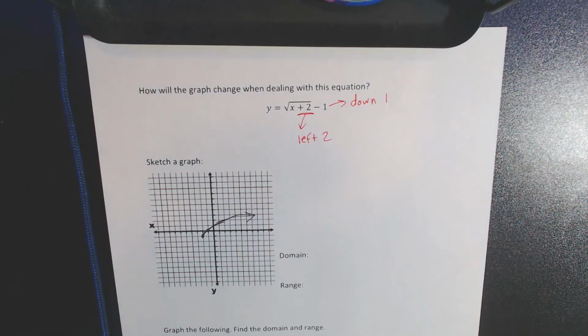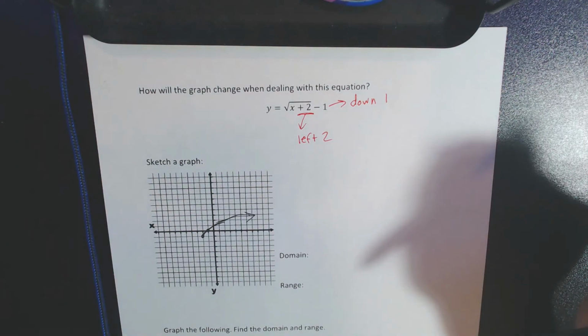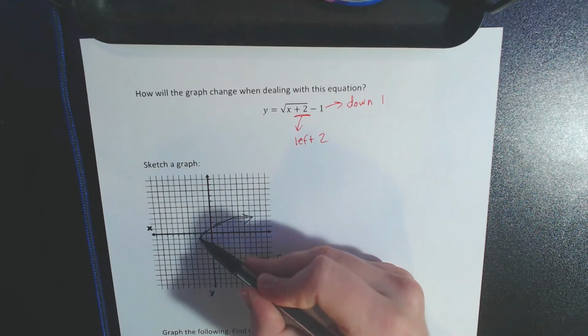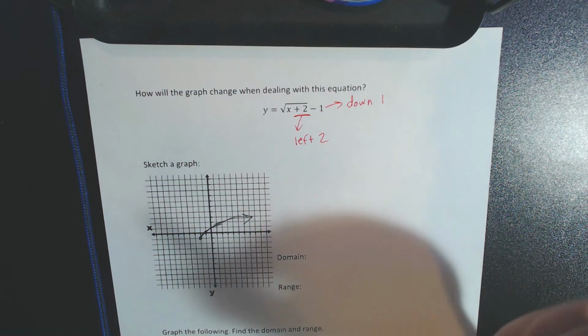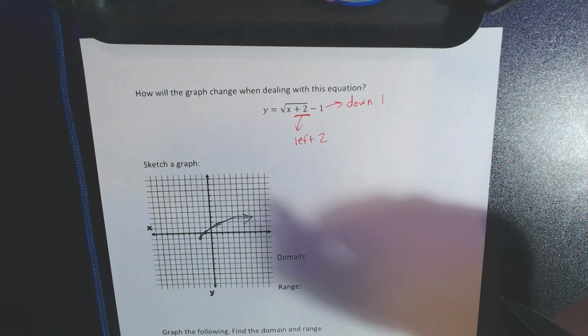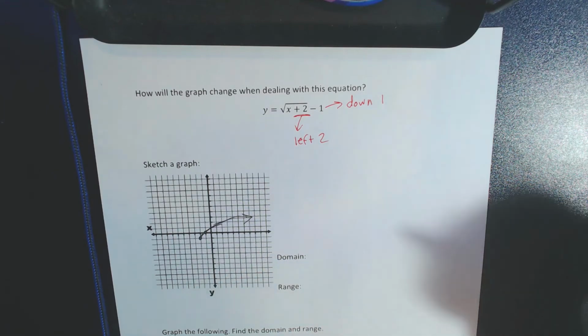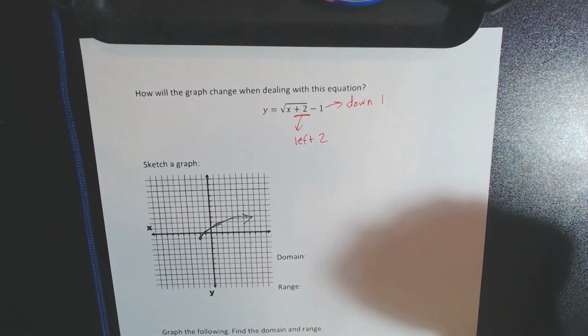You could find more points on this if you really want to. I really just want 2 points. So it starts out here at -2, -1, and then goes up 1 over 1 like the regular square root graph does. And that's your graph. Okay, looks kind of like that.